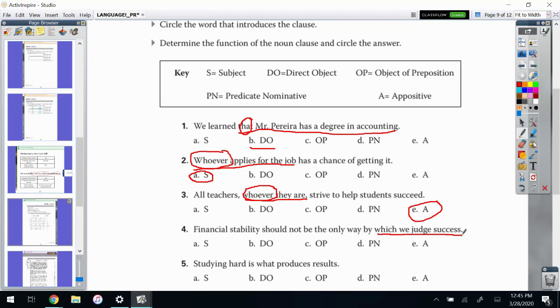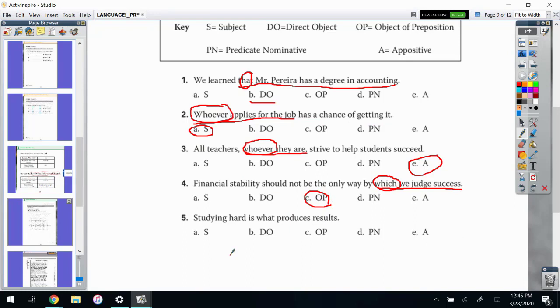Which we judge success is our noun clause, and it starts with which. It is an object of the preposition. Number 5, studying hard is what produces results. What produces results is our noun clause. It starts with what, and it's a predicate nominative.